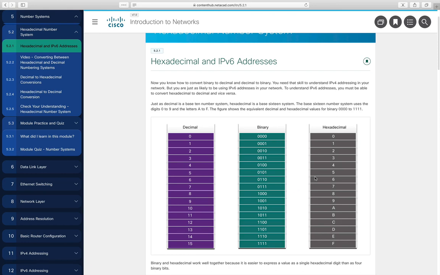So over here at the right, we have digits 0 through 9, and if it's a base higher than base 10, then we start adding letters. So in the case of base 16, we would have 10, 11, 12, 13, 14, and 15. In the middle, we have the binary representation of those in hex.